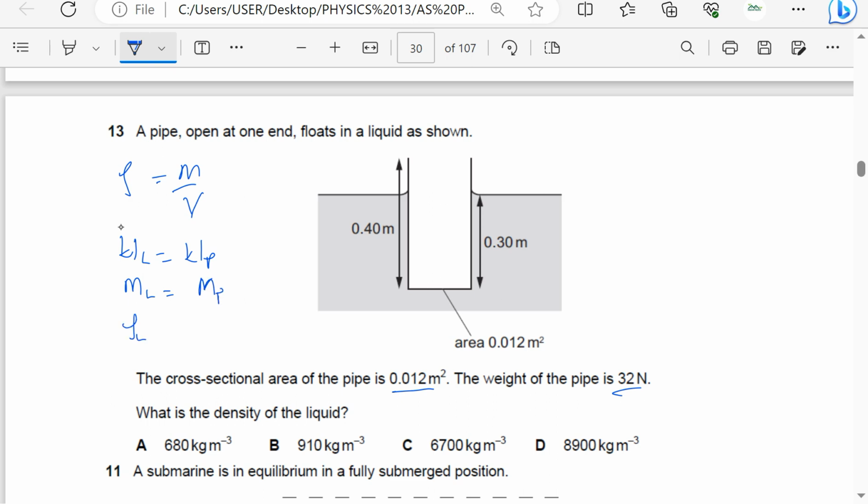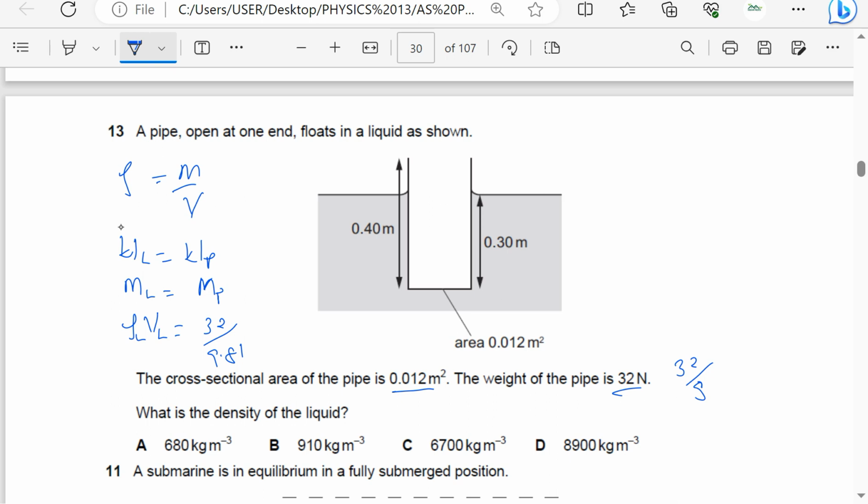So the density of the liquid times the volume of the liquid will be the same as the mass of the pipe, because mass is density times volume. The mass of the pipe is 32 divided by g, which is 9.81.